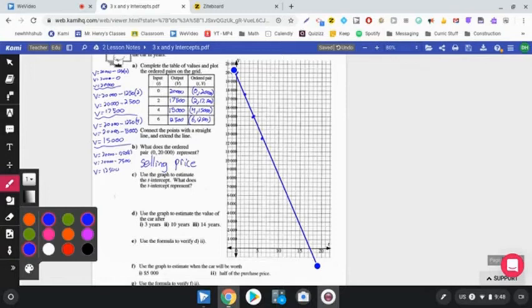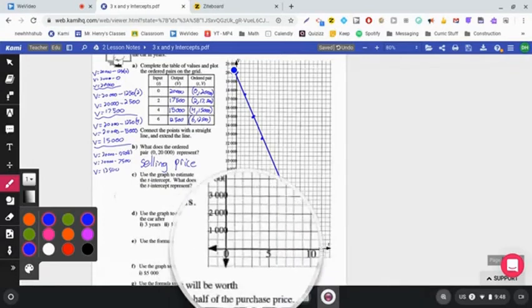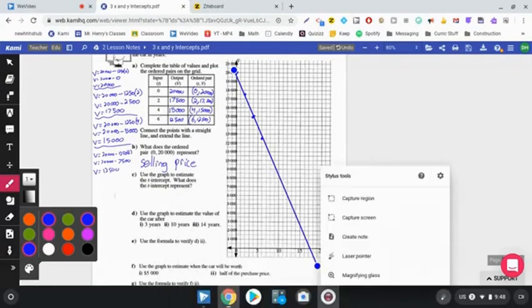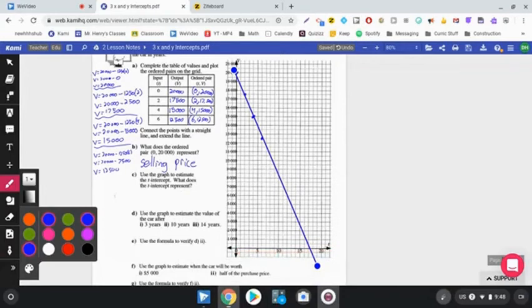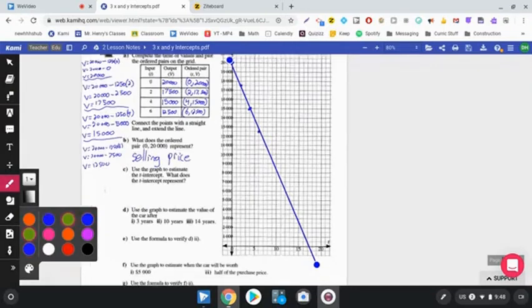And then it says, use the graph to estimate the t-intercept. So that would be like my x-axis, but it's my t-axis. That's this point right here. And I bet if you did it with a ruler, you're probably going to get a different number than me, just because you're a bit more accurate. And this is an estimate, right? We're estimating.